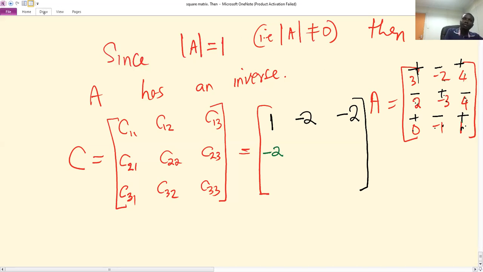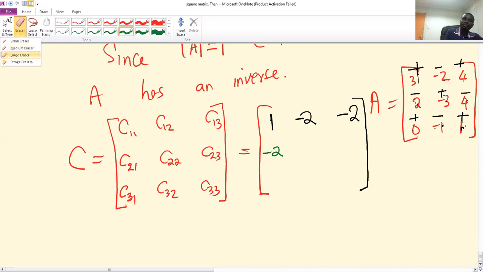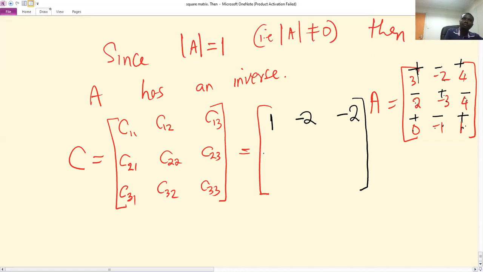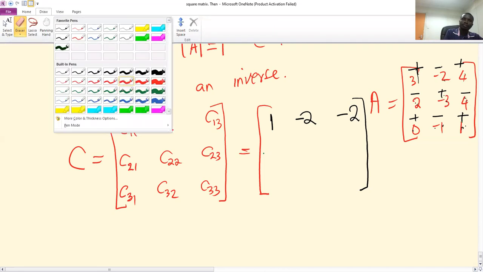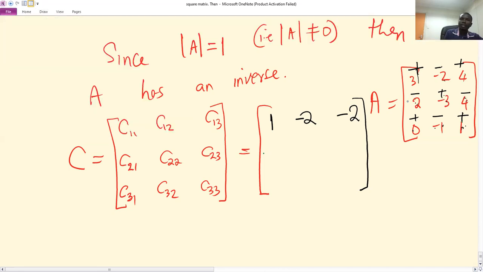Just a minute here. When I delete this row and this column, I'll have minus 2, 4, and then minus 1, 1.